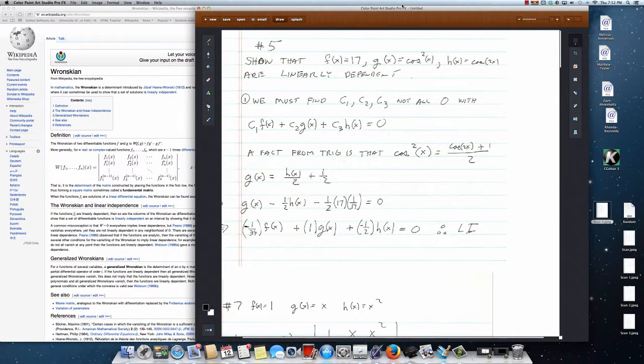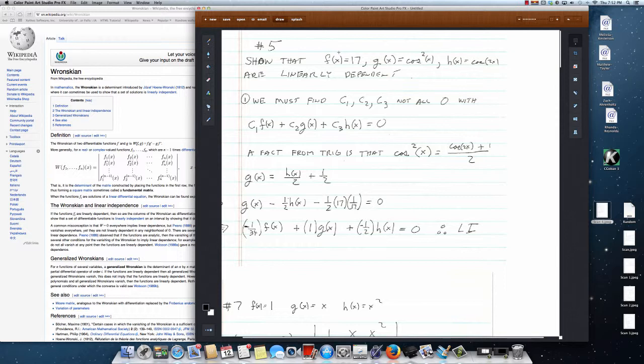It says we're supposed to show that the functions f of x equals 17, g of x equals the cosine squared of x, and h of x is the cosine of 2x, are linearly dependent.